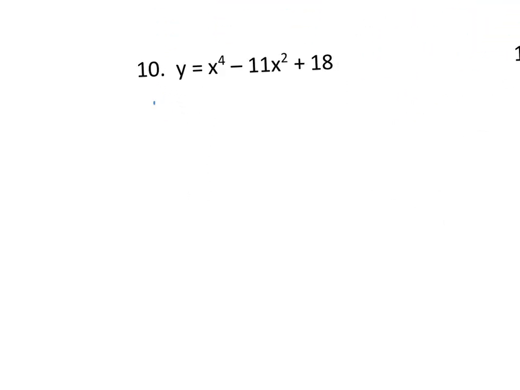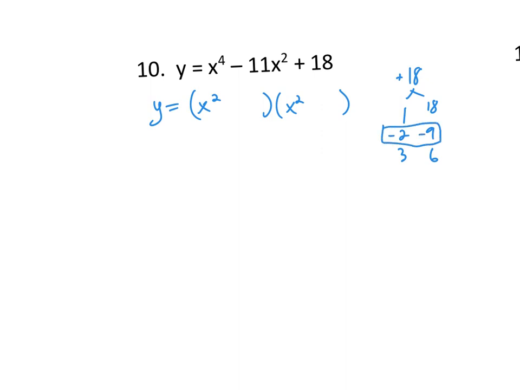All right, so this one is, I hope, factorable. Either that or I made a bad worksheet. So 18 is, let's see, 1 and 18, 2 and 9, and 3 and 6. I want things that multiply up to positive 18, but add to -11, and that would be -2 and -9.